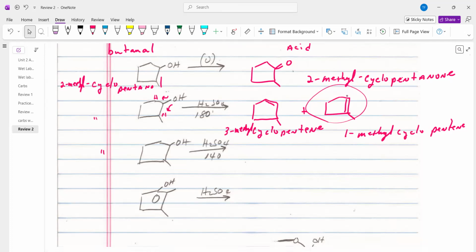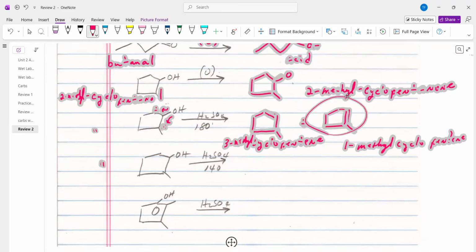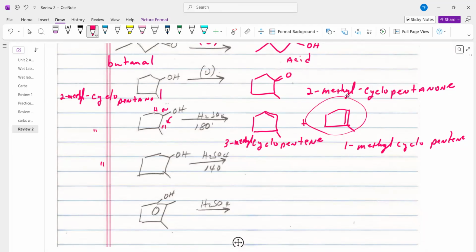That means where the alcohols are is where they're going to be joined. So this is going to be a diether.